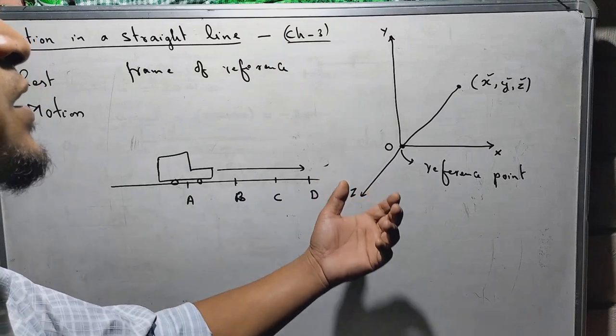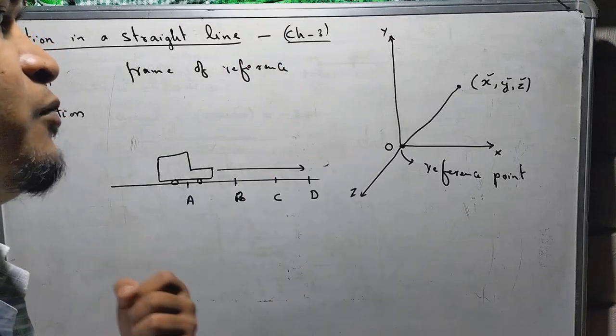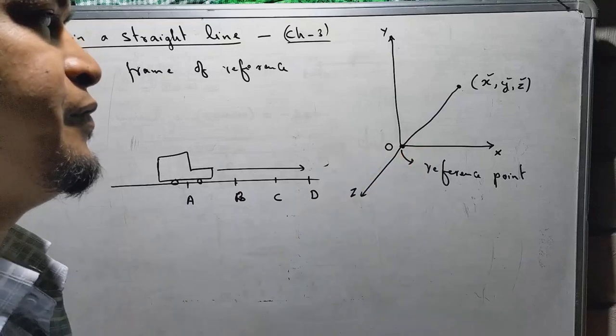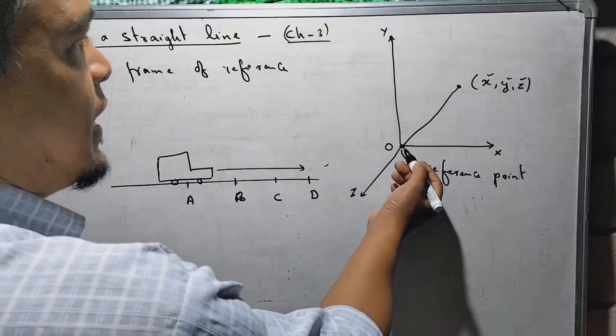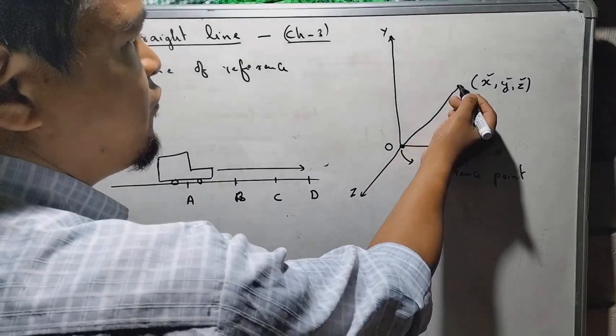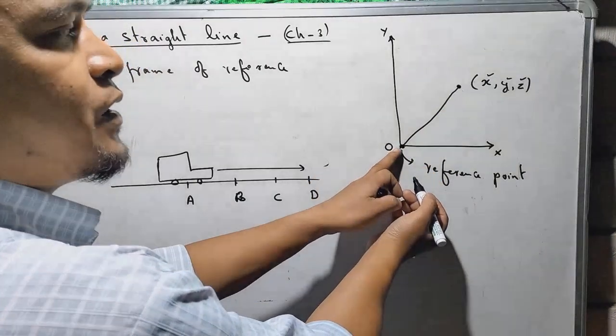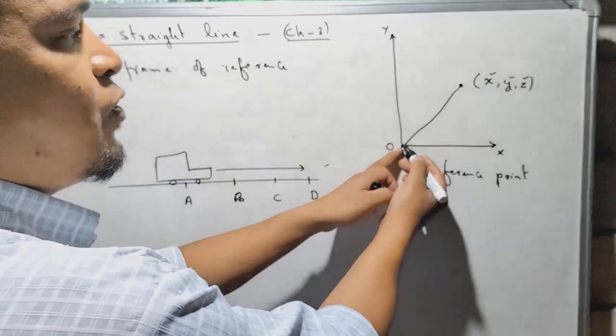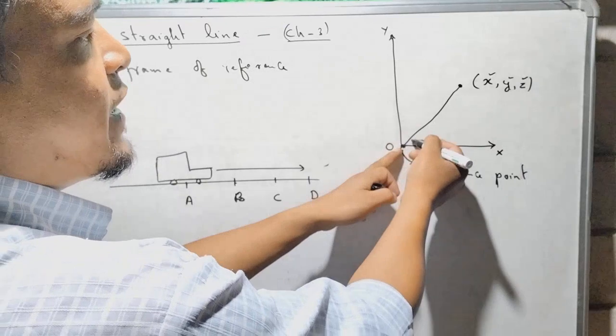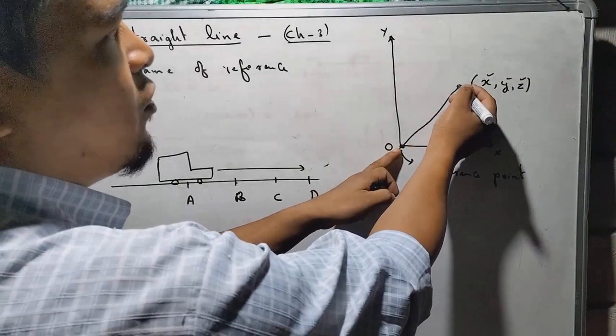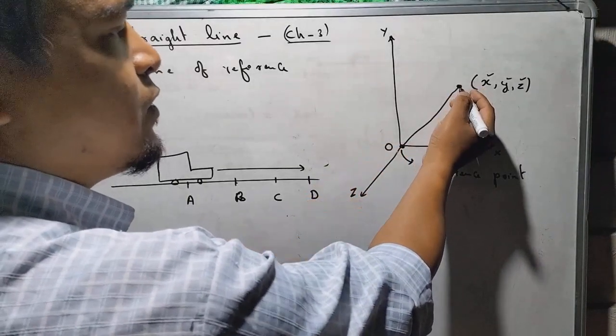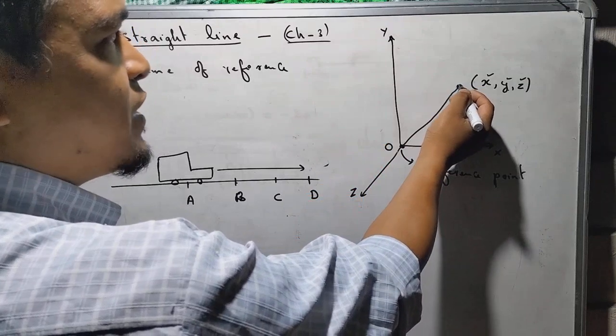Let us consider the motion of an object in this frame of reference. As the object moves, it moves with respect to this reference point, or I can say with respect to the origin. Suppose at any instant of time, the object is at this point.